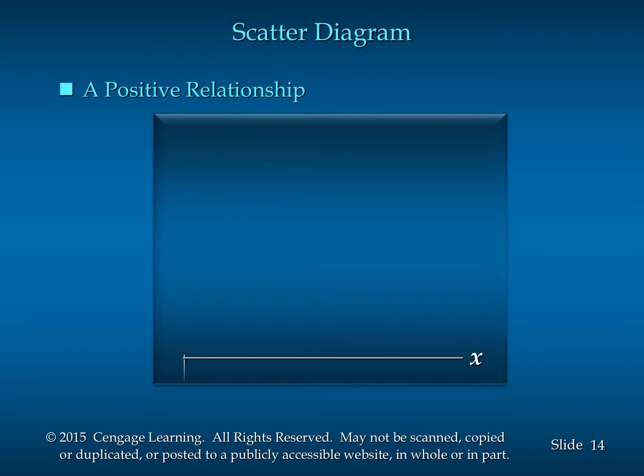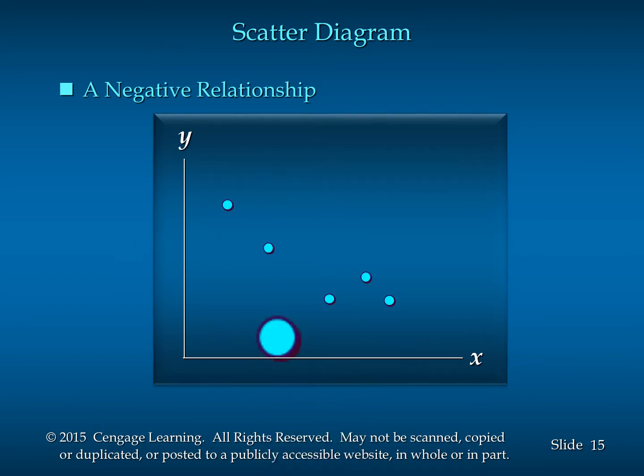We can then draw a trend line through that scatter diagram. For example, if we have data plotted as such and we draw a trend line through that data, we can see that it has a positive relationship, meaning the higher the x value, the higher the y value will be. A negative relationship, similarly, if we draw a trend line through that data, we see that the higher the x value, the lower will be the y value.